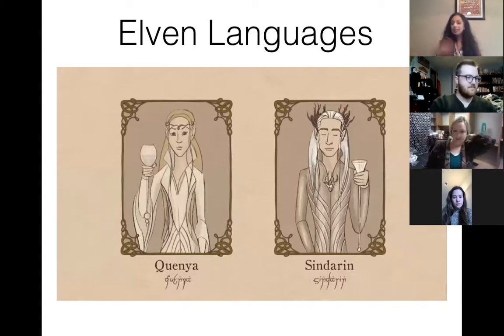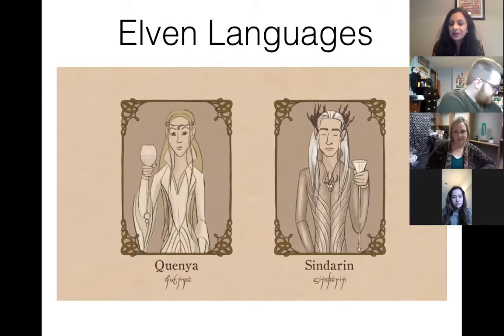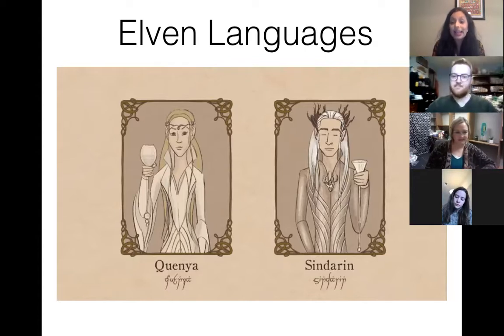And there are different kinds of Elvish languages. So I have two different Elvish languages here. One is Quenya and the other is Sindarin. Does anybody know the difference between these two dialects or languages, if you will? Well, Quenya is called the High Elvish.